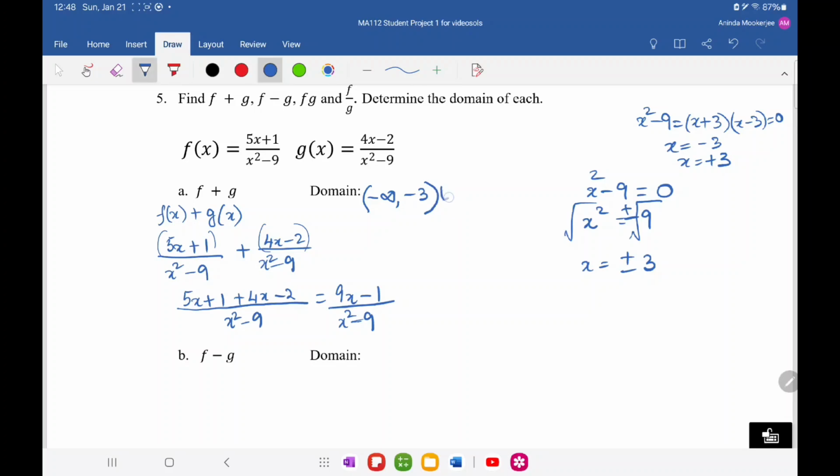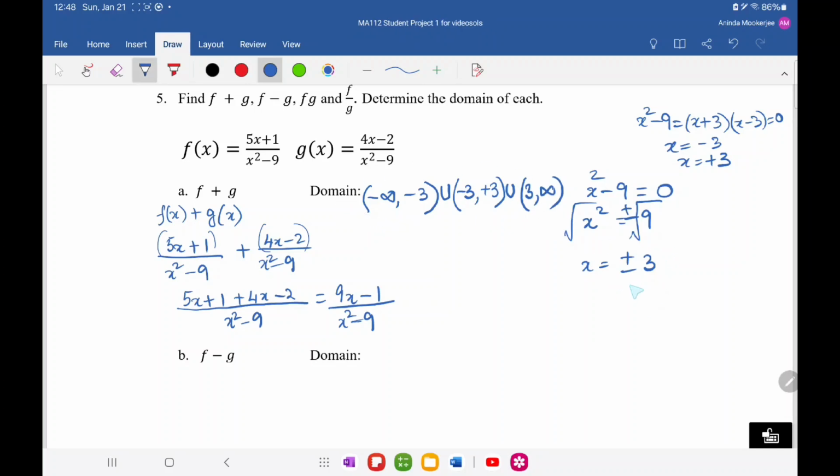And then union, you start again immediately after negative 3 and go all the way to positive 3, and stop there. You can go as close as you can to positive 3, but not 3. And then another union from 3, you can keep going all the way to infinity.